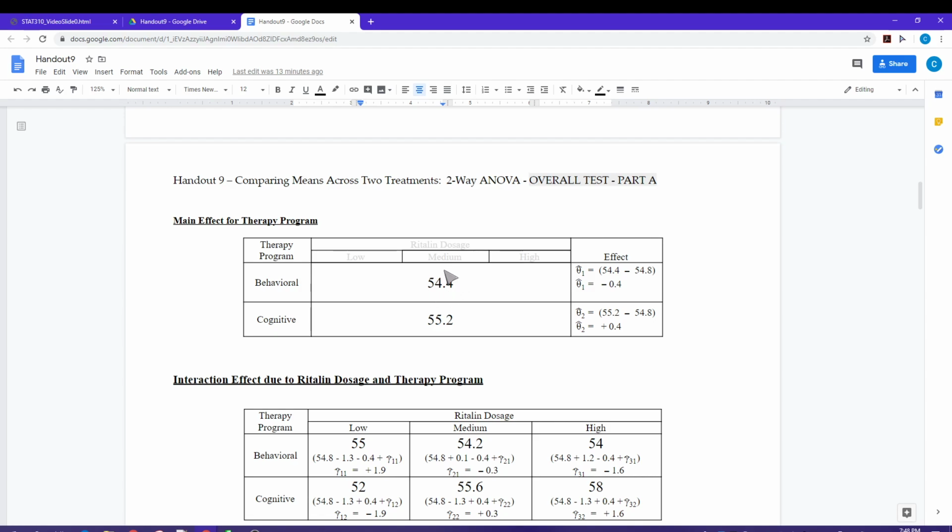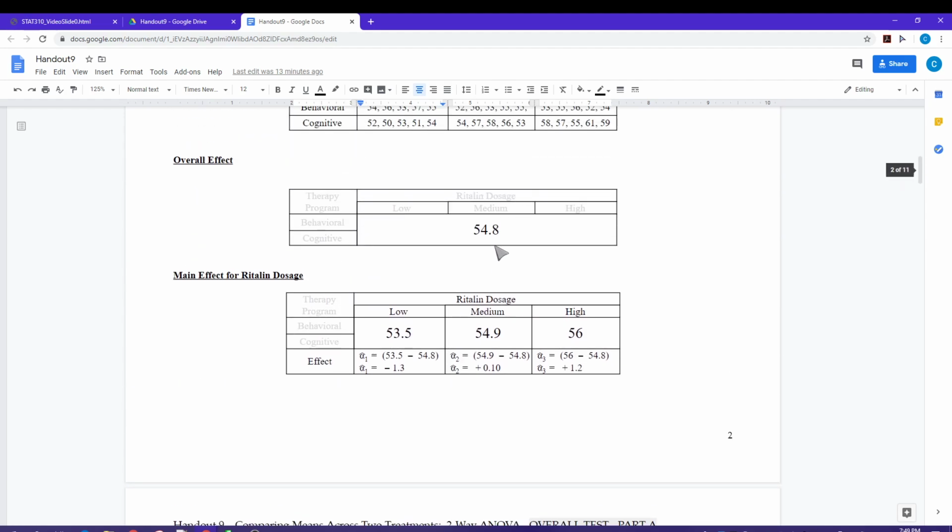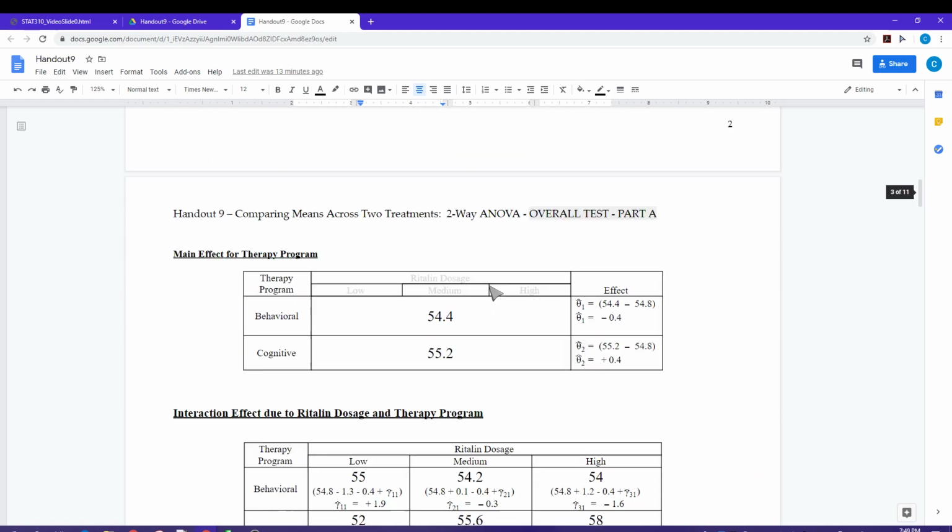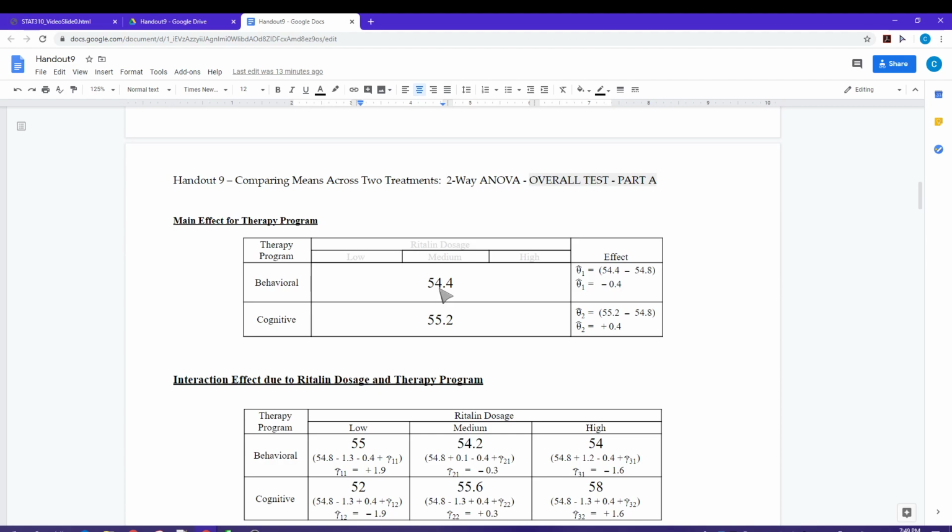I get a value of 54.4. Now I started again from the 54.8 here. So I need to go from 54.4 up to 54.8, and that's going to be a negative 0.4 there. The cognitive average is 55.2, so that's going to be a positive 0.4.